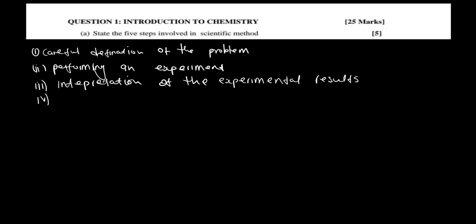So the fourth one will be, since you have now interpreted the data, let's say it's correct, so you summarize that data into a concise statement, and that's what we call a law. So summarizing the data into a concise statement.